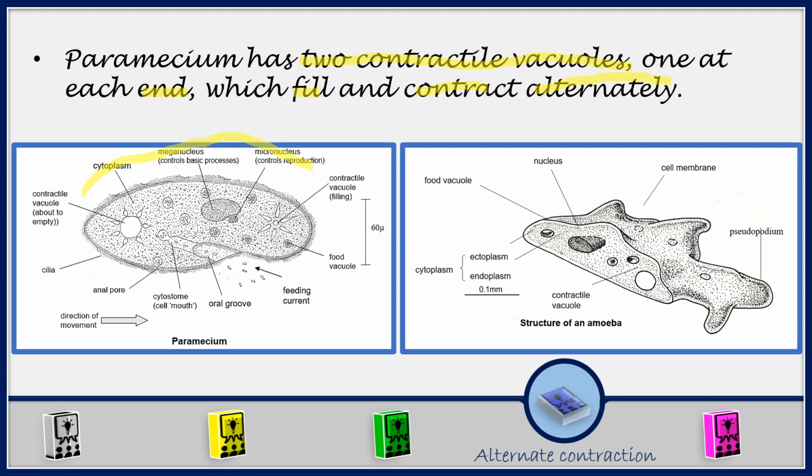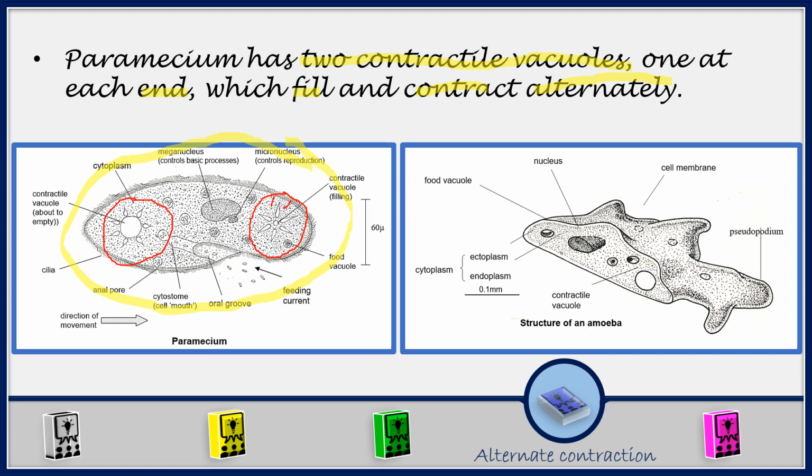So when you look at the paramecium here, you are going to see that it has two contractile vacuoles. One is here and another one is here. So there are two contractile vacuoles at both ends, and they are filling. This one you can see it is just filling.